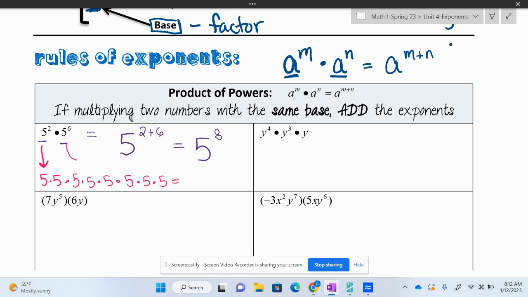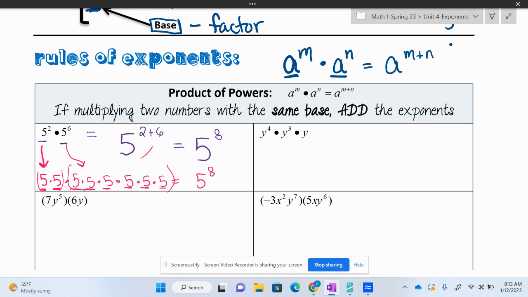This is the first one, and this is the second one. Do you see that? That's really what's happening, okay? We're just trying to teach you a trick or a shortcut so you're not expanding that all the time. So 5 squared, 5 times 5, times 5 to the sixth power, you're just adding those two numbers because if you were to count these, I have 1, 2, 3, 4, 5, 6, 7, 8.